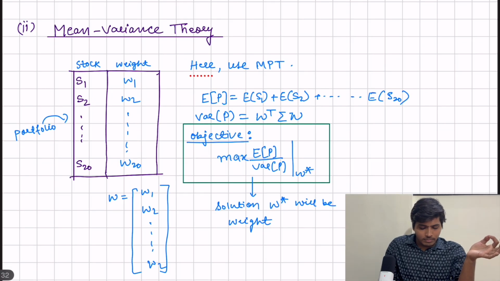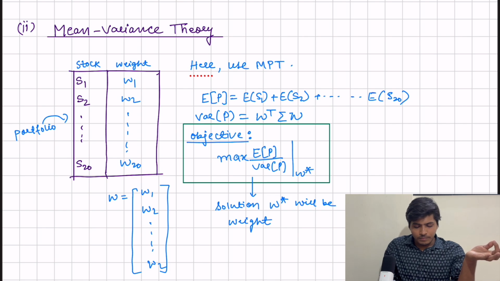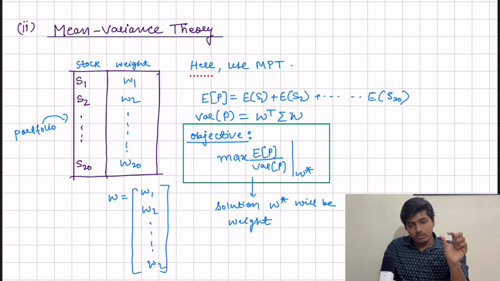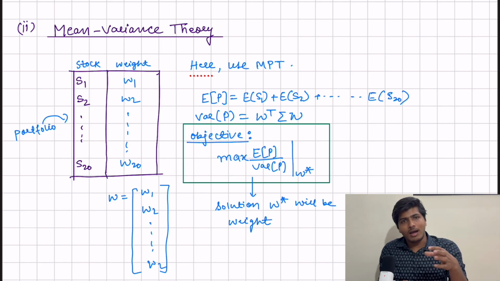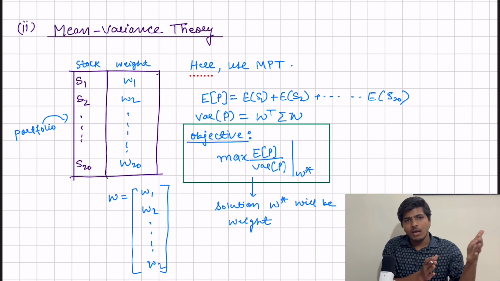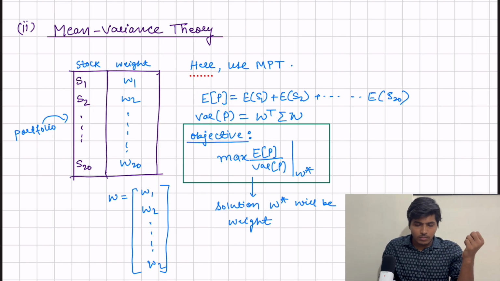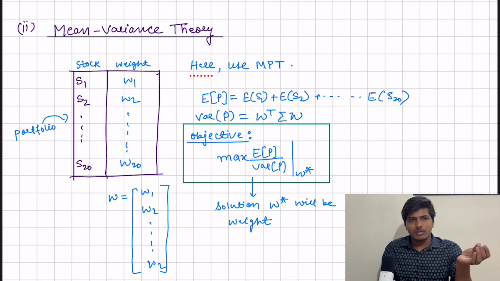The second method is mean variance theory. We have the stocks, but we are not aware of the weights. So we calculate the expected value of P, that is the portfolio's return, which is equal to the summation of the expected values of each stock, and that expectation you have to estimate from past data and based upon your analysis. You can also use machine learning models, any models, to estimate the return of each stock.